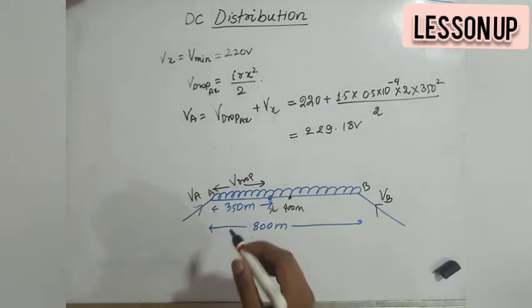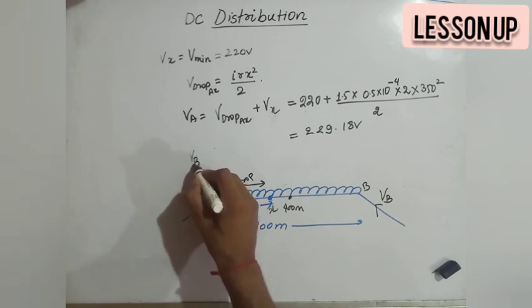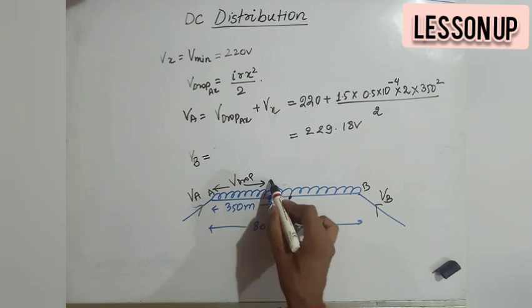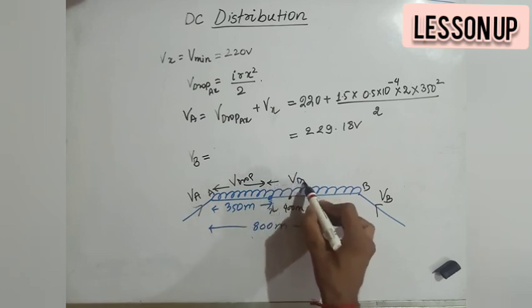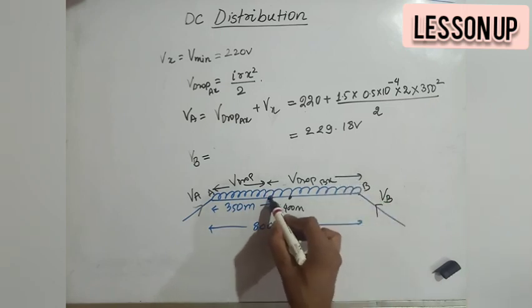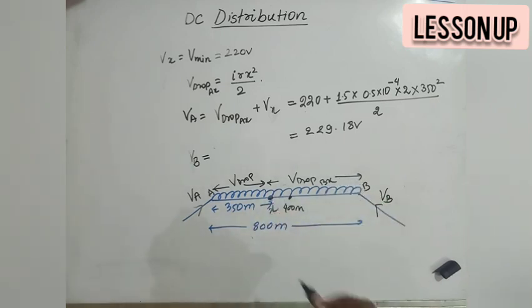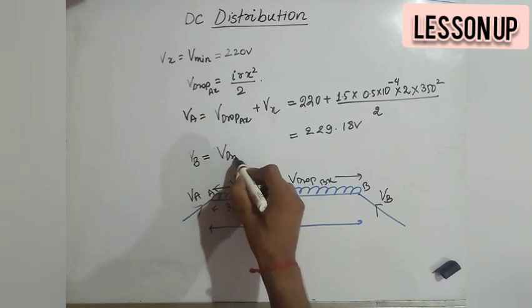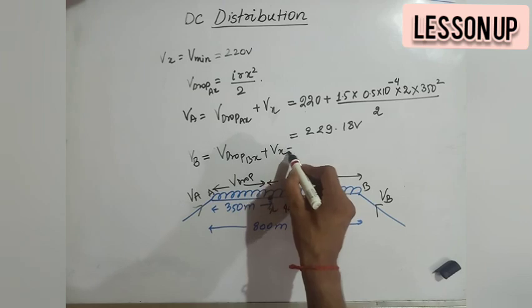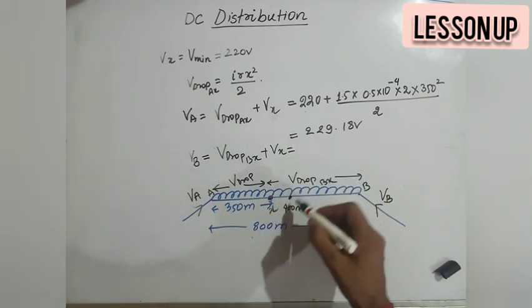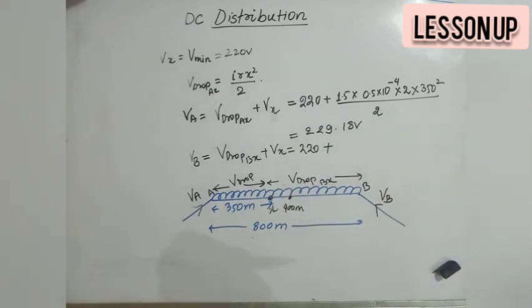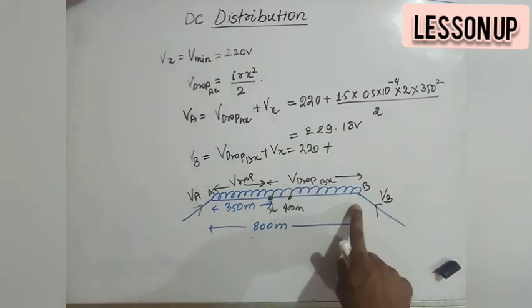Similarly, we need to calculate VB. So VB will be the voltage drop between B and X plus the voltage at X. The voltage at X is 220 volt, plus what will be the voltage drop between B and X?